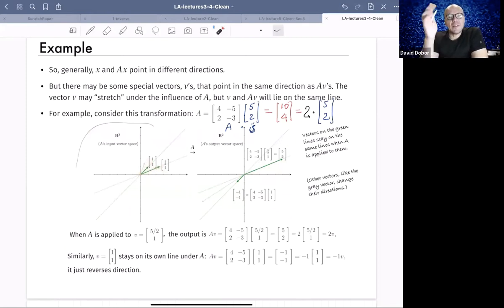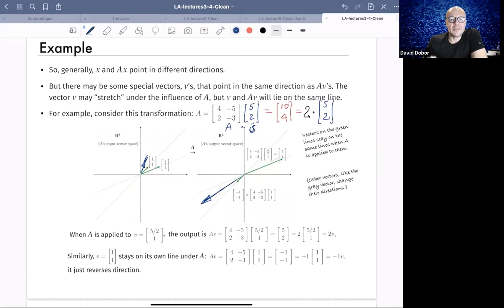Now, any vector that's not on these green lines is going to change direction and is not going to be an eigenvector. That needs proof, but for example, the gray vector here, when you apply A to it, you end up right here. You can check this. This guy was pointing this way, and now it's in a completely different line.